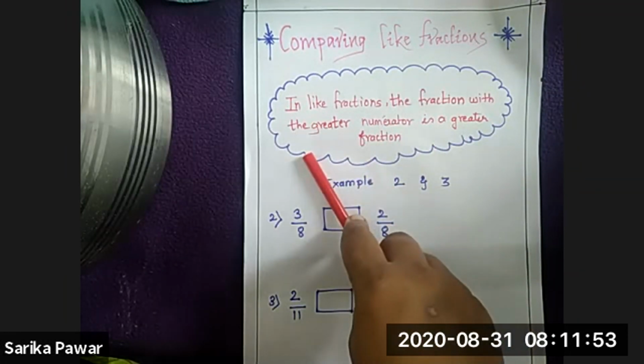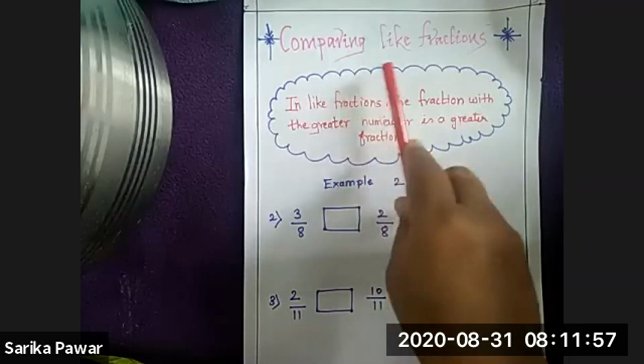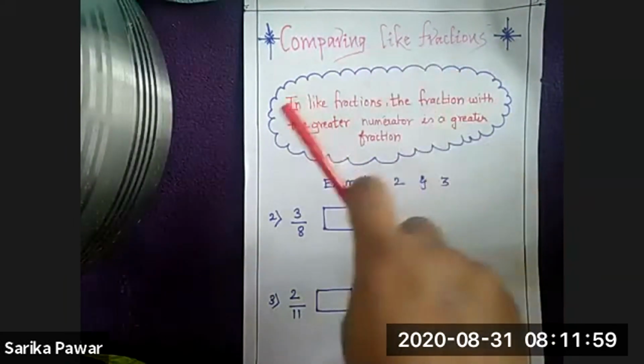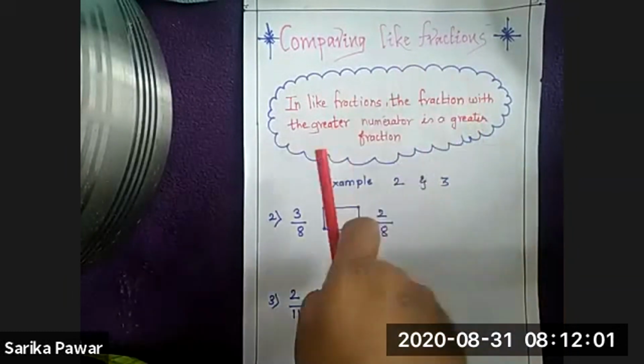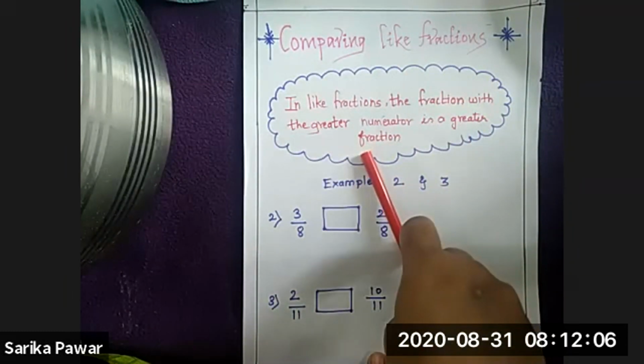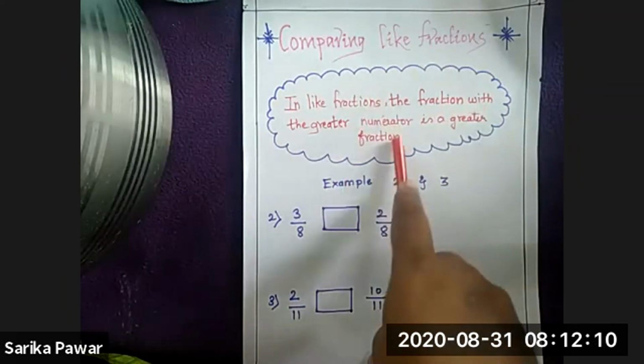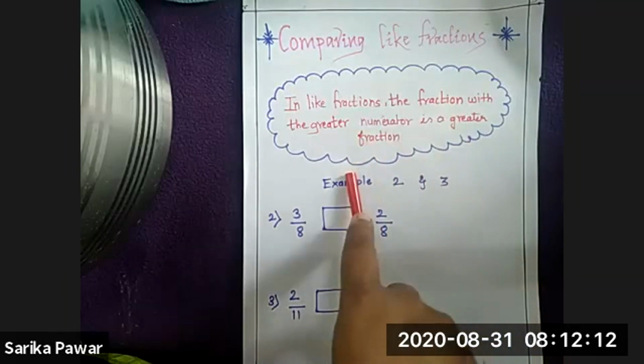Means what the rule says, it is the rule of comparison, comparing like fractions. So while comparing like fractions, we have to follow this rule. So what does the rule say? The rule says the fraction with the greater numerator is the greater fraction.